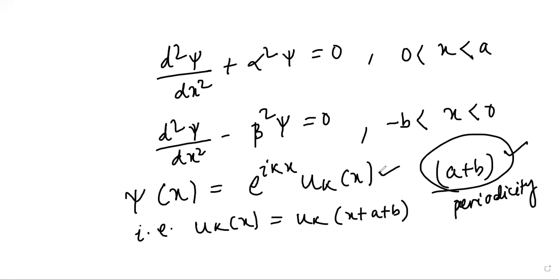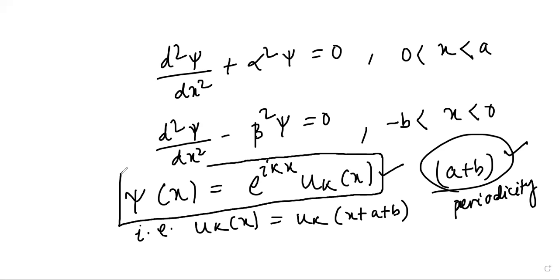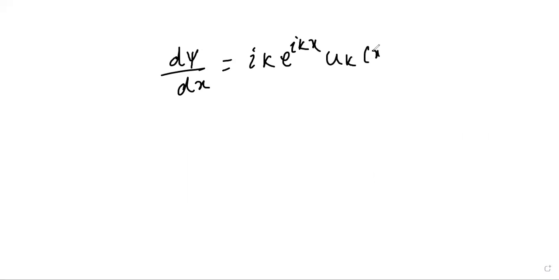We got the assumed solution here, psi of x is equal to e to the power ikx uk(x), right? So d psi by dx will be ik e to the power ikx uk(x) plus, keeping e to the power ikx constant, e to the power ikx duk by dx.